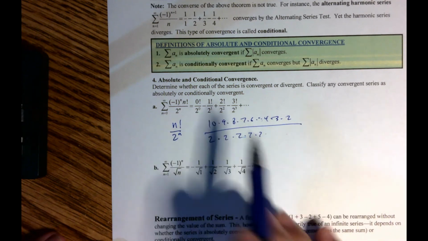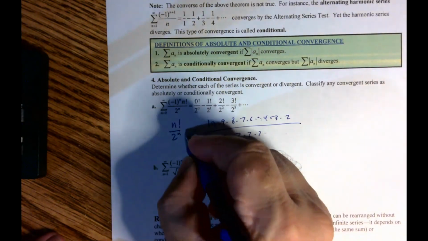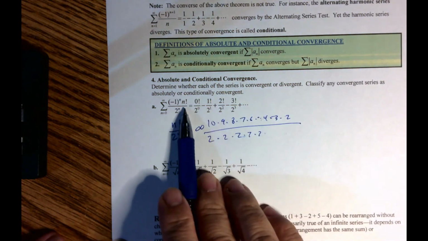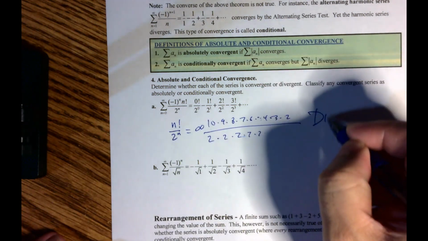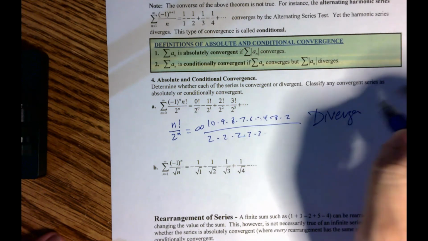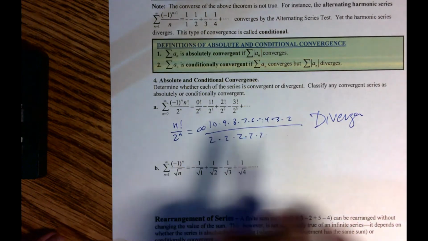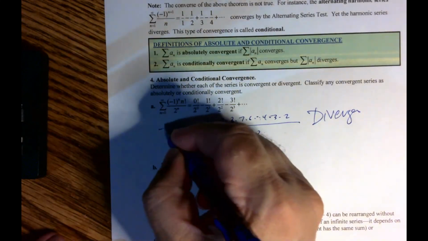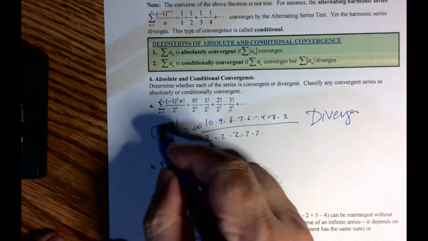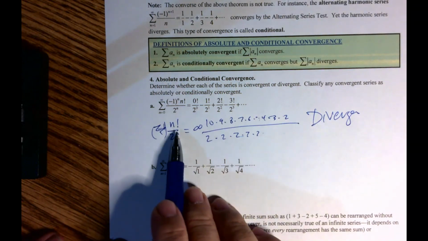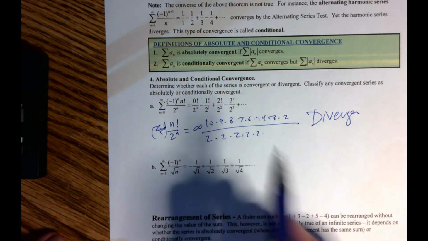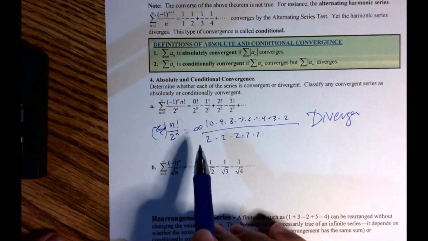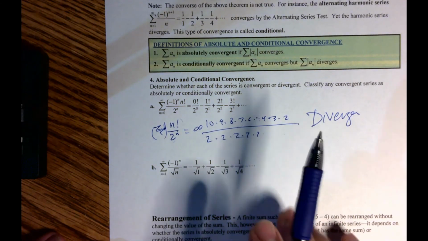So the limit of this is infinity. So this doesn't converge at all. We say this is divergent. And I'm not using any of these tests, right? This is just divergence by the nth term test for divergence. Even if you put -1 on there, well, who cares about that, because the terms aren't going to 0. Remember, that was one of the conditions for the alternating series test, that these terms have to go to 0. It's not going to 0. It's going to infinity.